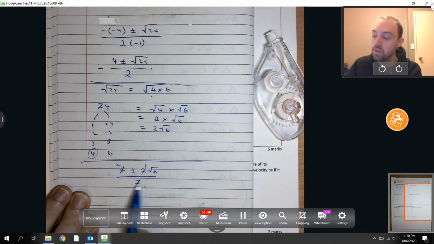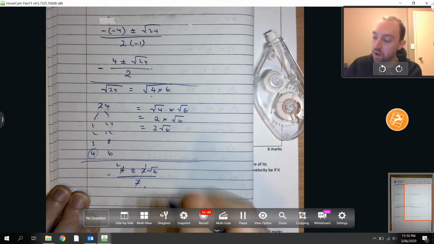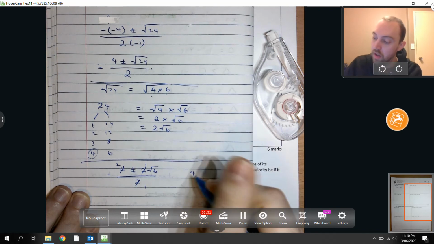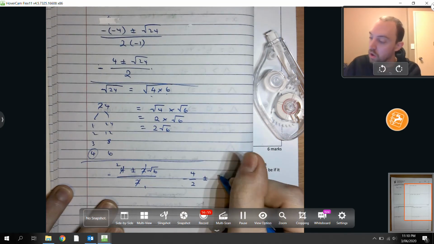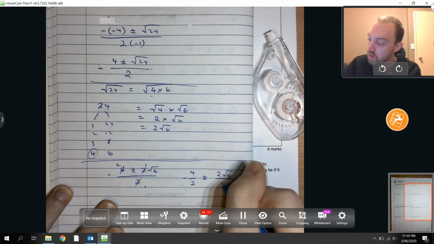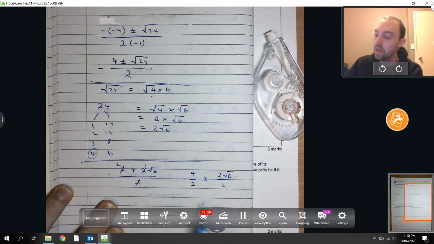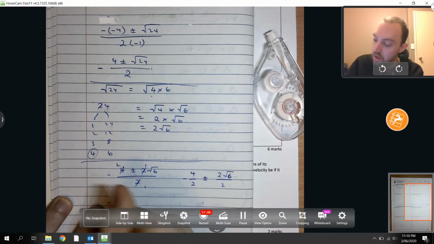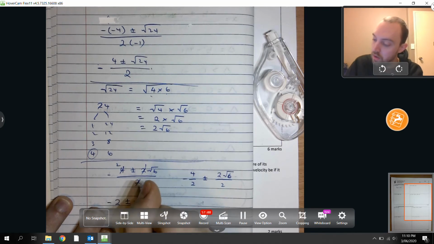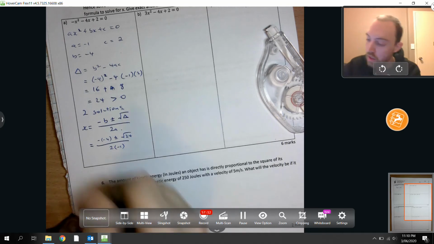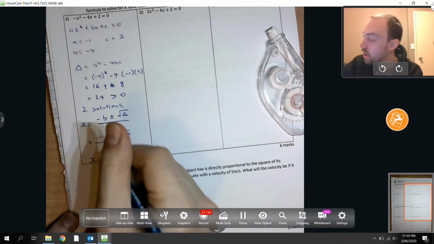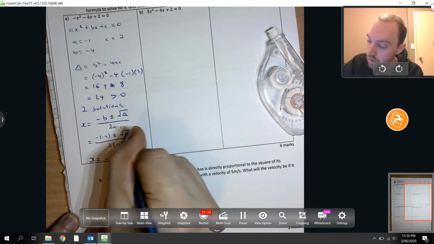I can't just divide one of those terms because what I'm looking at is negative 4 on 2 plus or minus 2 root 6 on 2. That 2 has got to divide or be split amongst both of those terms. So I get negative 2 plus or minus square root of 6. X is equal to negative 2 plus or minus the square root of 6.